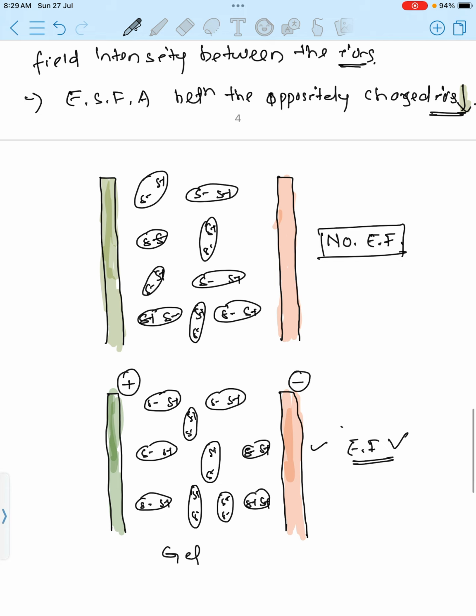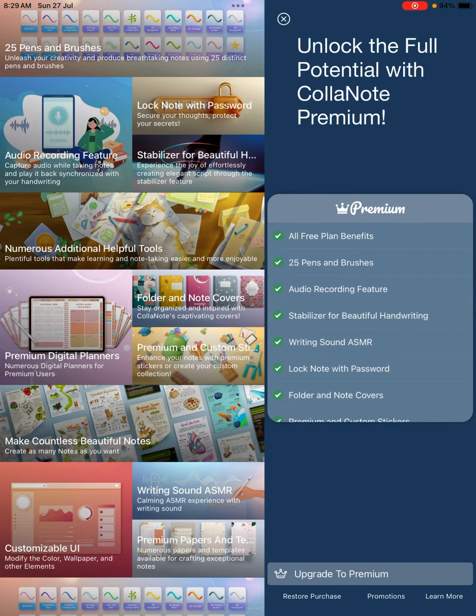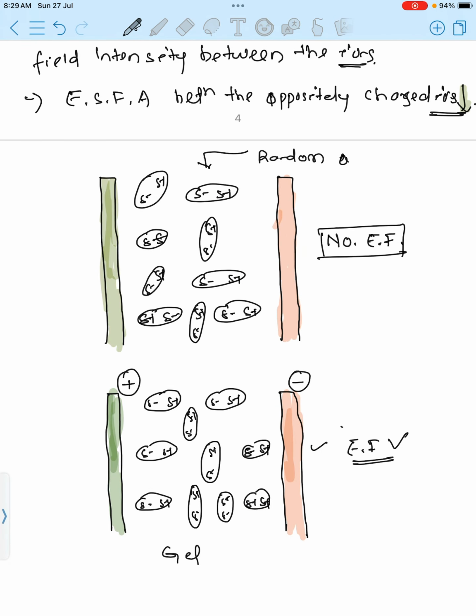Due to the random arrangement of solvent molecules, the electric field gets cancelled out.